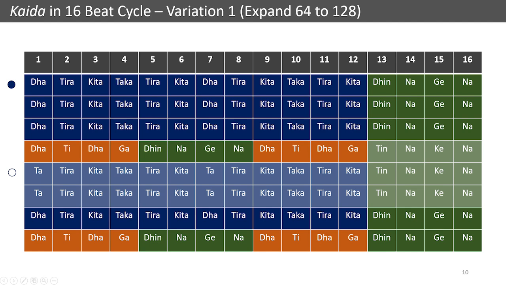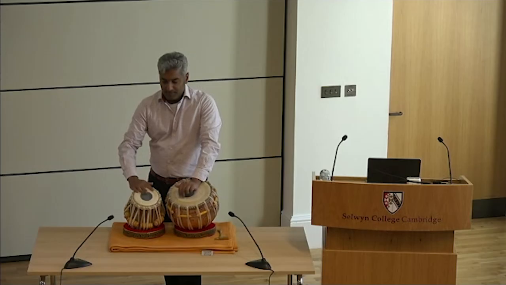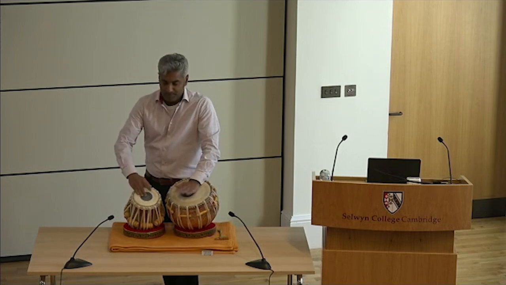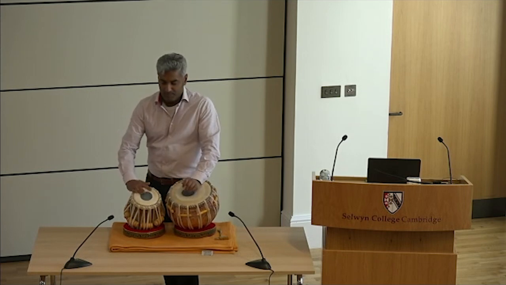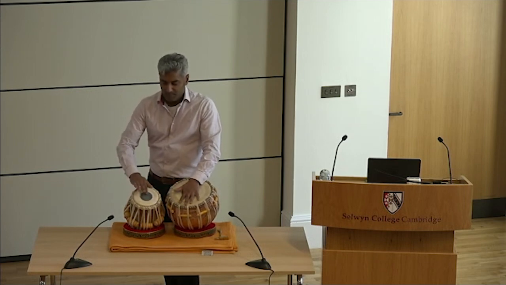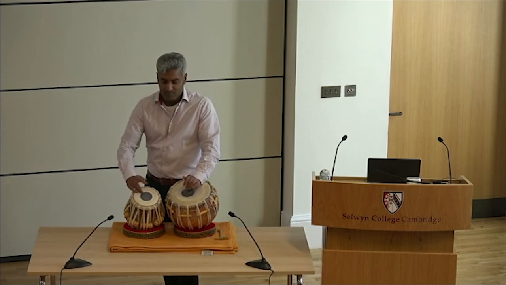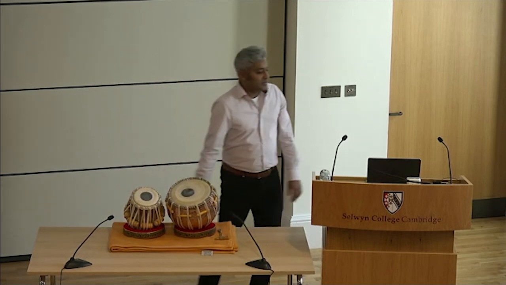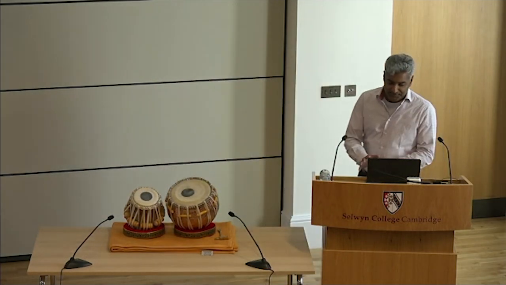So this is a variation. Let me try and play it. So it goes like this. That's about 128 beats. You could expand this even further if you'd like to.